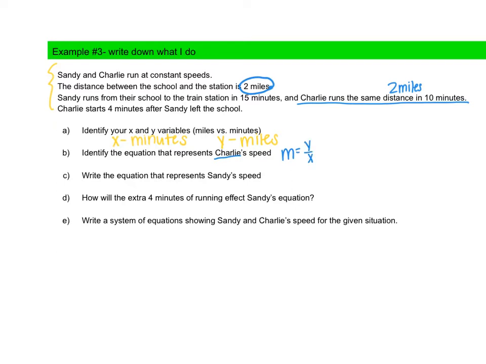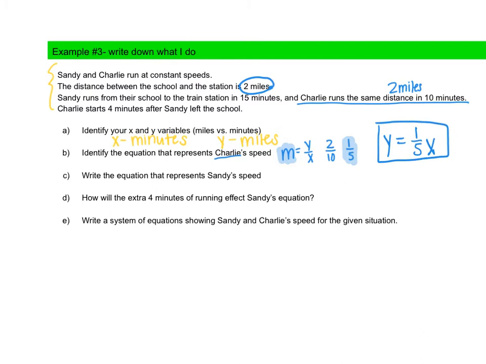Well, his y, his number of miles, was 2, and he did that in what time? 10. Can I reduce this 2/10? Yes, this reduces to 1/5. So this is Charlie's rate, 1/5. But now I need to write that into an equation. So I have y equals 1/5 x. So this is Charlie's equation.